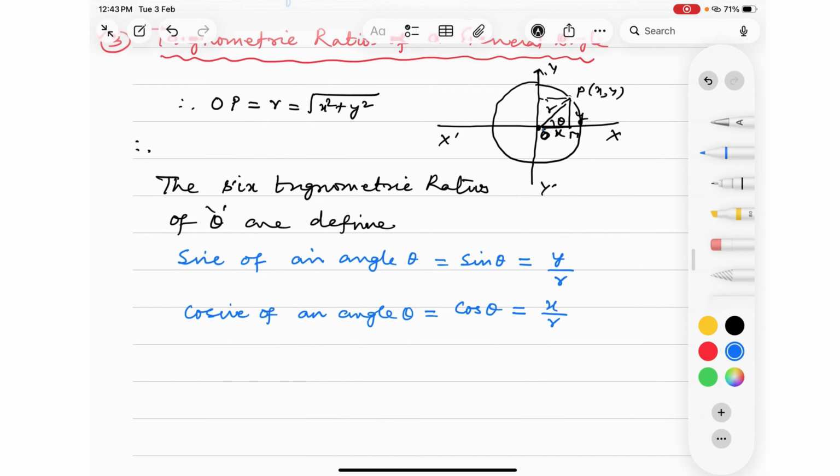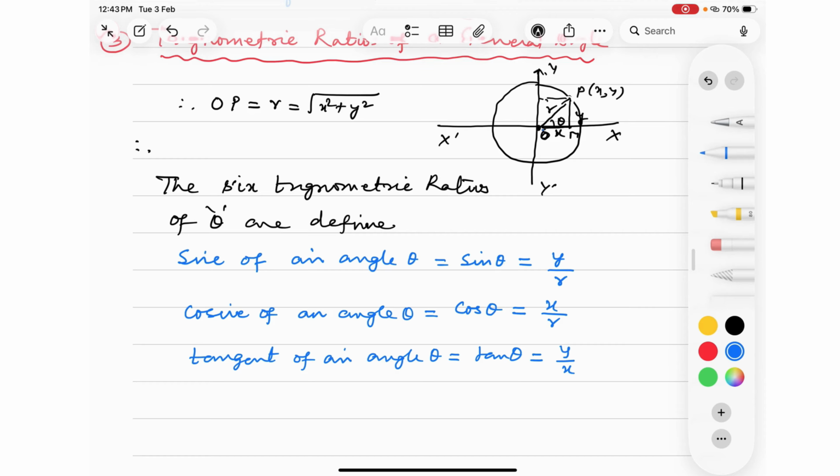Now the third one is the tangent of an angle theta. In short, we write it as tan theta. It is equal to y divided by x. Remember in this figure, y means PM distance and x means OM distance.